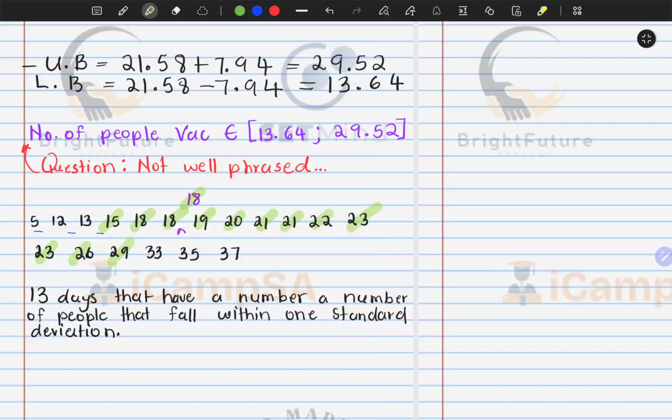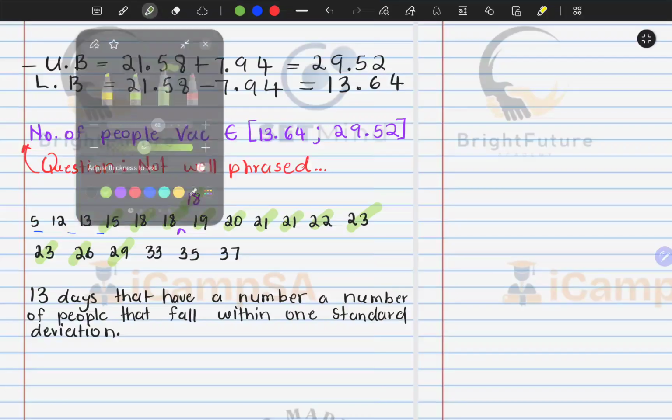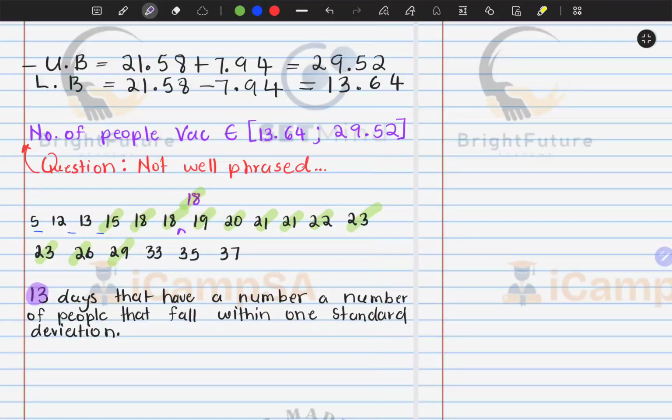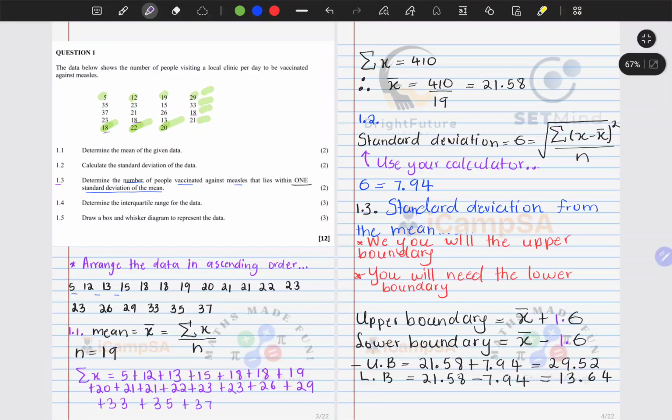So that there, guys, just becomes our answer. I hope that this does make sense. And with that said, let's go and have a look at the next question.